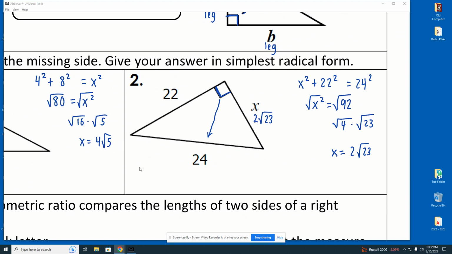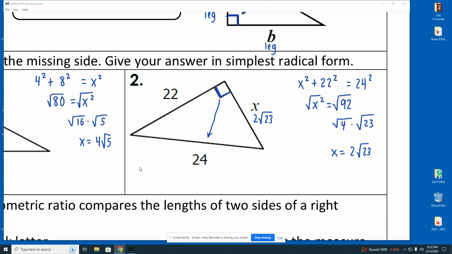Pythagorean theorem will help me find a side if I'm given 2 sides, right? But will it tell me what the angles of that triangle are? No. That's where trig comes into play. Trig allows me to find missing sides or missing acute angles in a right triangle.